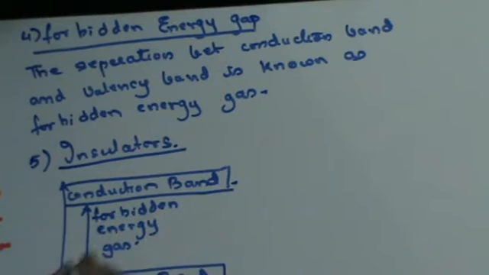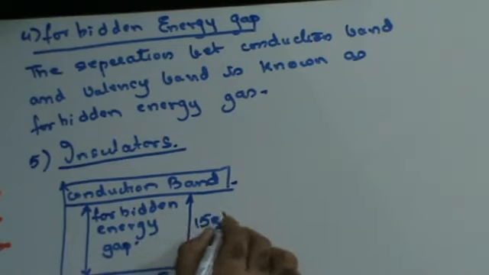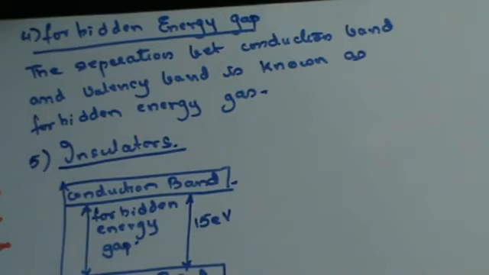Now, the forbidden energy gap in the case of insulators is very large, which is of the order of say 15 electron volts. This is my band energy on the y-axis. Right? So, do we understand this?